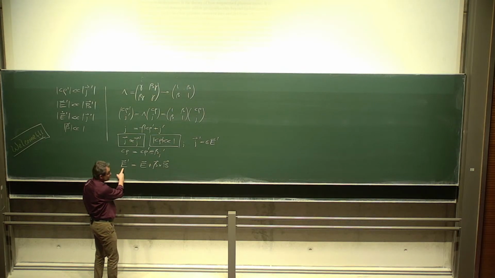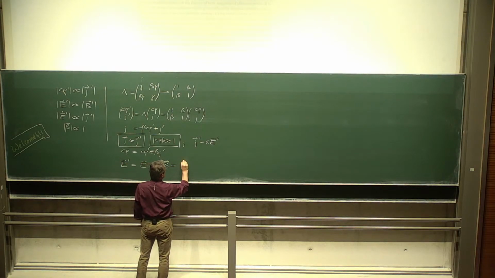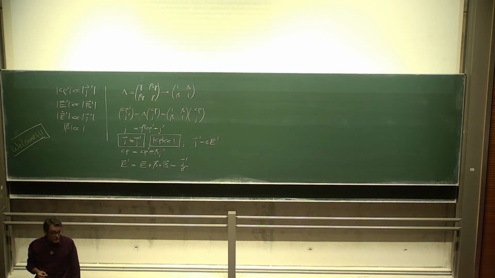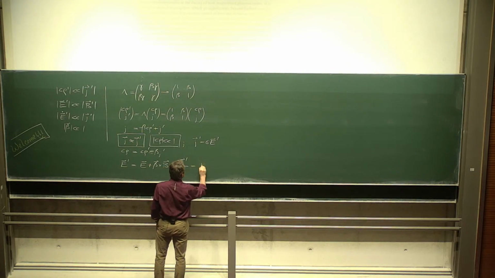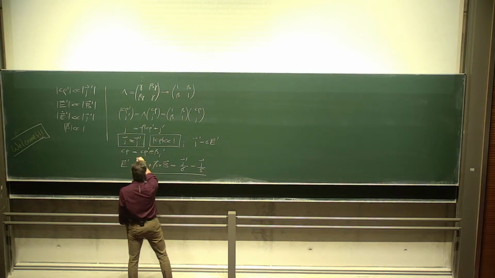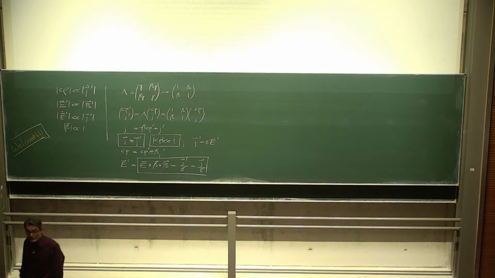So if I replace E prime here by Ohm's law from there, this is going to be J prime divided by sigma. But J prime is approximately J. So this will be J over sigma. So careful, right? Even though we say that the magnetic field dominates, we cannot neglect the electric field altogether.